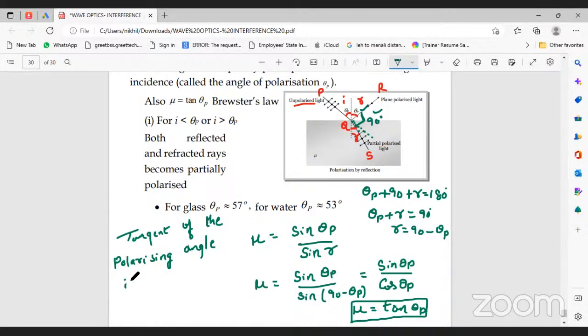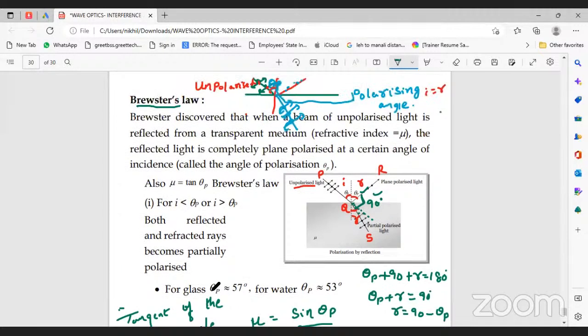Tangent of the polarizing angle is equal to refractive index. This is what we call Brewster's law.